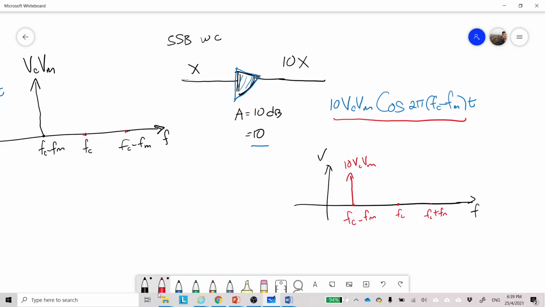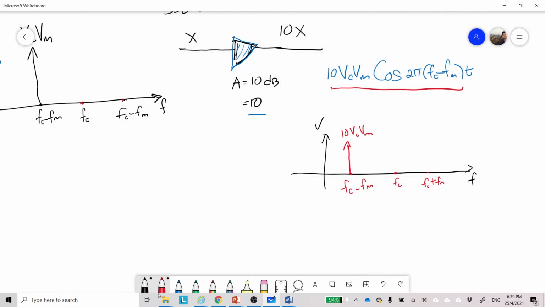The previous exam questions asked us to draw the frequency spectrum, the amplitude spectrum.